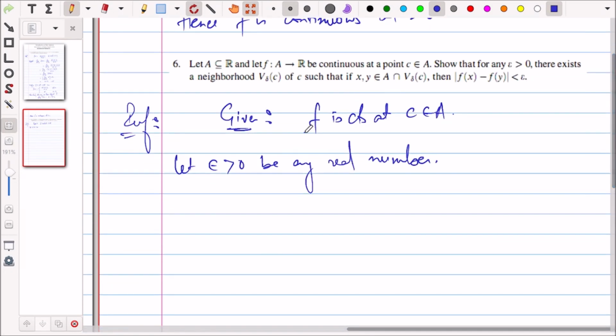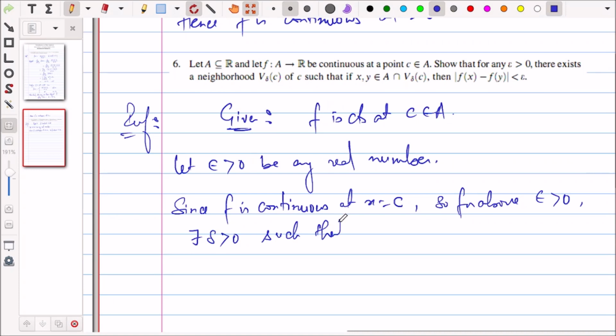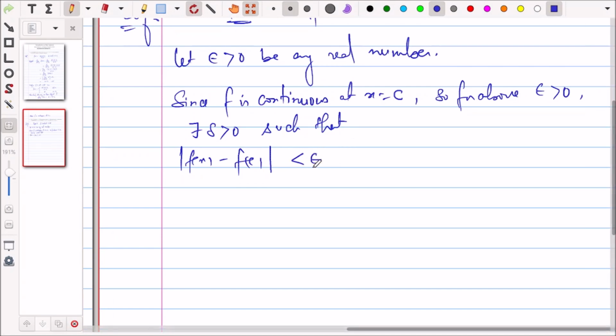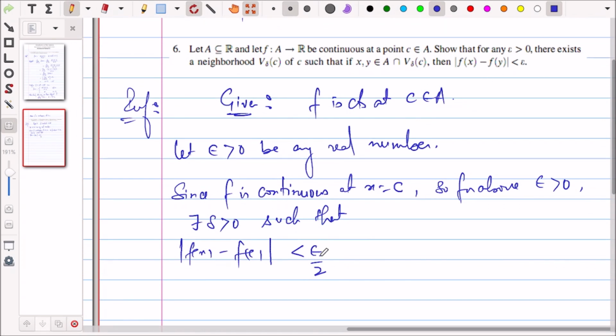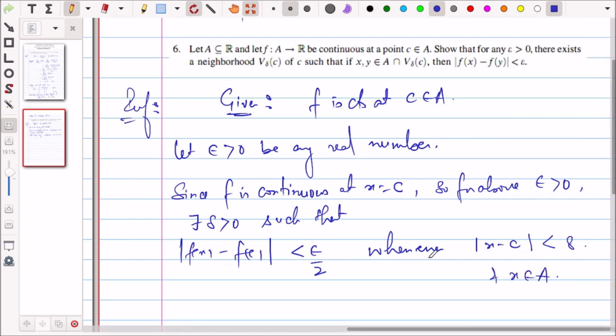Since by definition of continuity, f is continuous at x = c, for the above epsilon greater than 0 there exists delta greater than 0 such that |f(x) − f(c)| is less than epsilon by 2, we take epsilon by 2 because we want to get the desired condition, whenever |x − c| is less than delta and x belongs to A. This is by definition of limit.